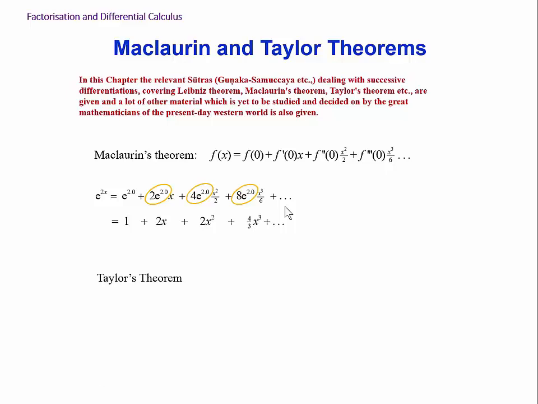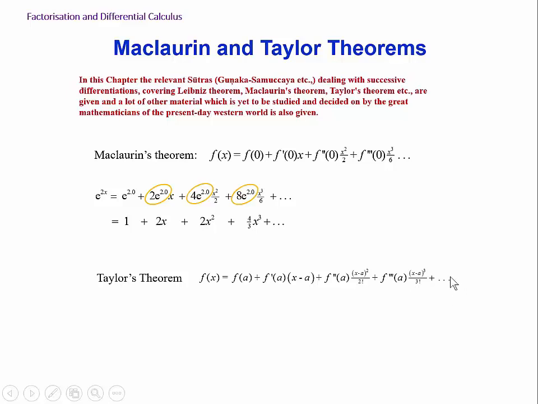Taylor's theorem also shows a similar pattern. In fact, Maclaurin's theorem is a special case of Taylor's theorem, and you can see here that we got successive differentiations of f a, f dash a, f double dash a, and so on, and successive integrations of 1. 1 with respect to x minus a becomes x minus a squared over 2 factorial, and so on.